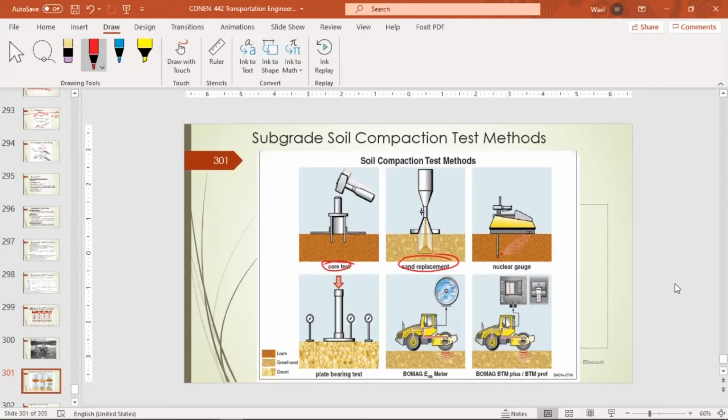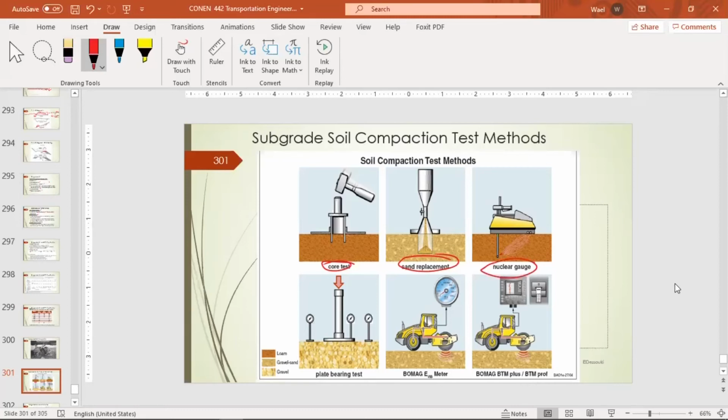And this is a plate bearing test, and the Humboldt meter, that is with vibration, and the BTM pulse plus, that's also based on vibration or dynamic loading. So let's look at each of these methods.